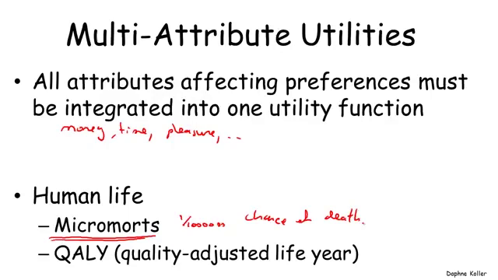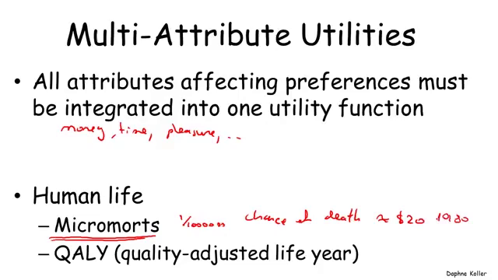Well, back in 1980, so a while ago, people did this study, and it turns out that a micromort was worth approximately $20 in 1980 dollars. And so, of course, you can account for inflation, but it's not a huge amount of money.